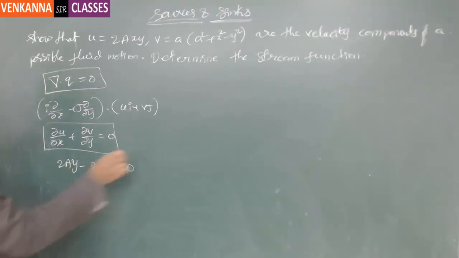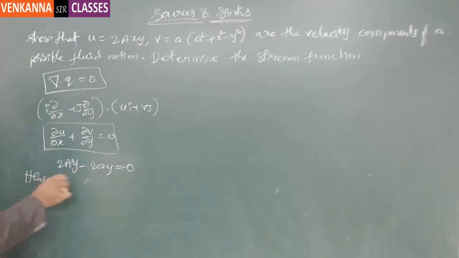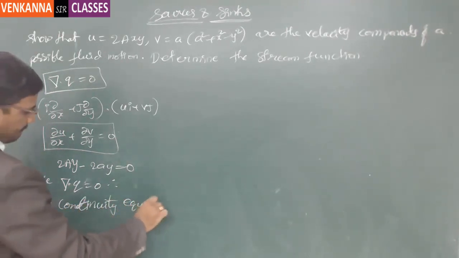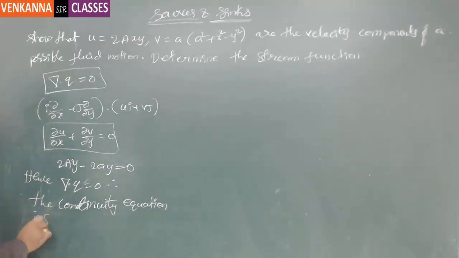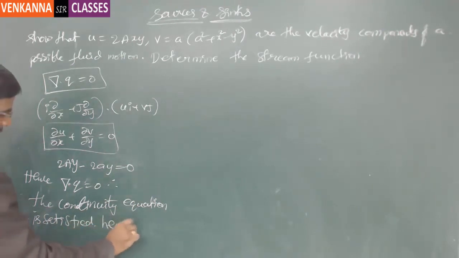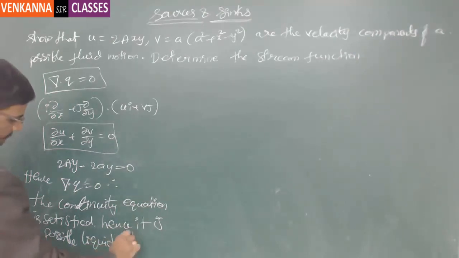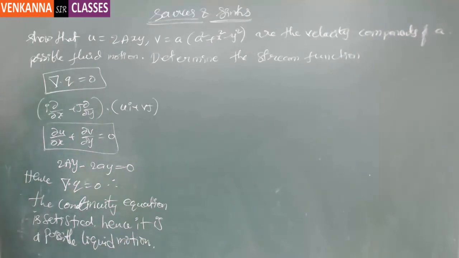So this is equal to 0. Hence del dot q is equal to 0. Therefore the continuity equation is satisfied, hence it is a possible fluid motion.